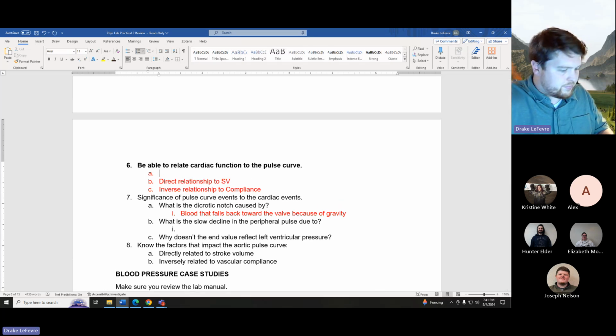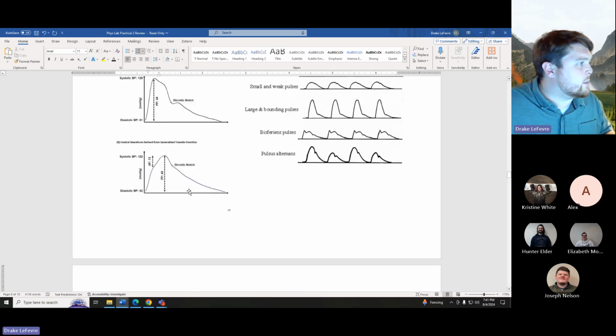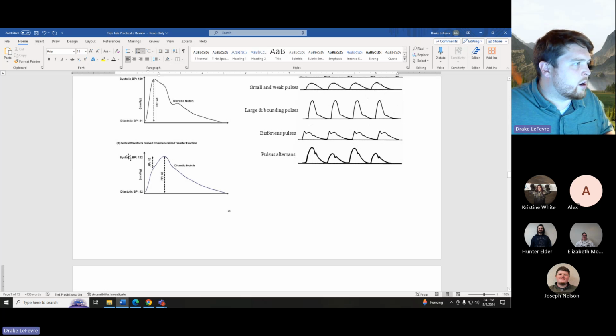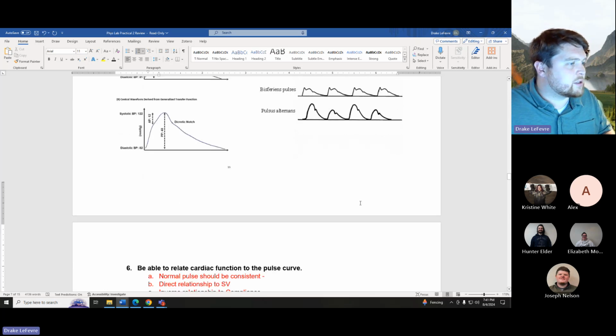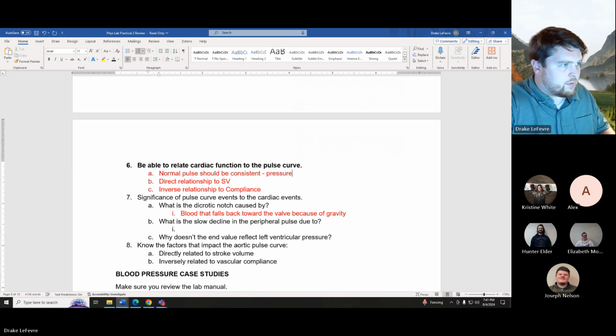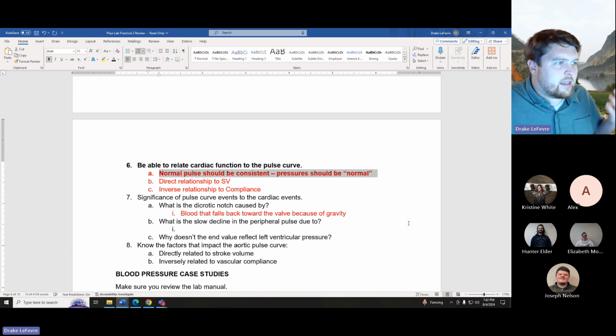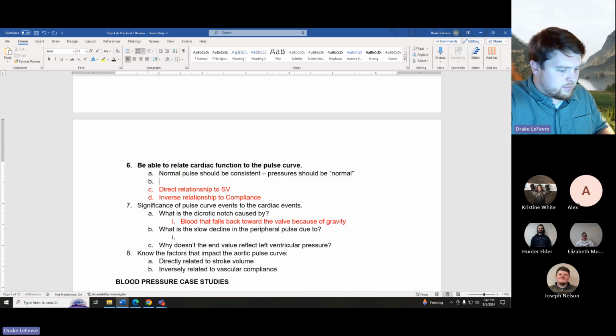So normal pulse should be consistent. And then this is showing us the difference in pressures. Pressures should be at normal-ish values, somewhere like 120 over 80, within that area.